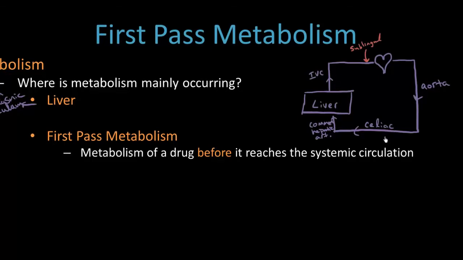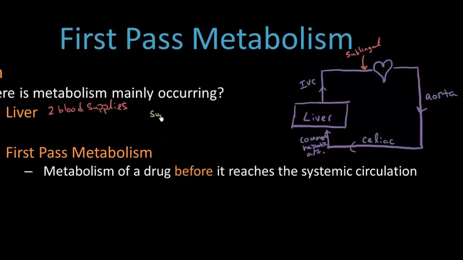Well, like I was saying, the liver has two blood supplies. And so one blood supply we saw here is the common hepatic artery, but the other blood supply, now let's switch to maybe a green, is from the portal circulation. So when I deal with the portal circulation, let's say I swallow a pill. You swallow a pill.